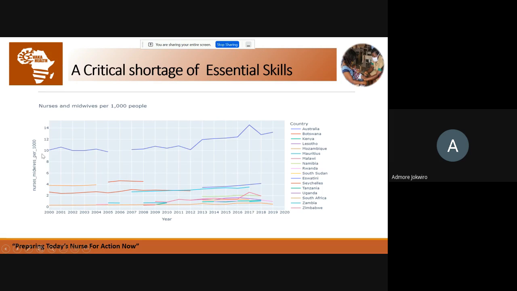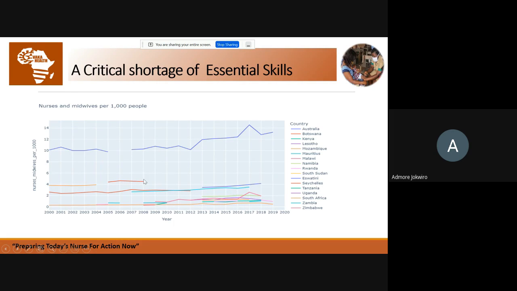But when compared with developed countries like Australia, we are at less than half the ratio. Even when you look at it, most of the countries are at 2 per 1,000 people as the highest, so we are probably doing 5 times less than the developed world.